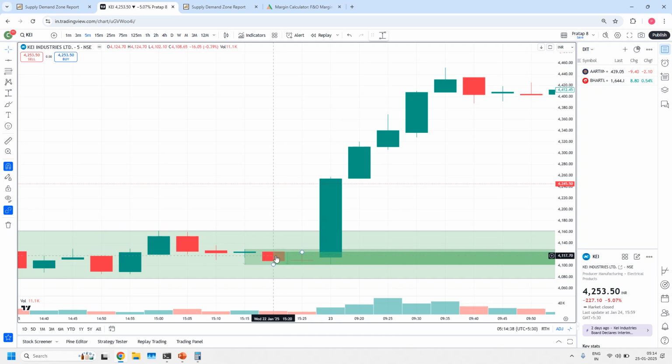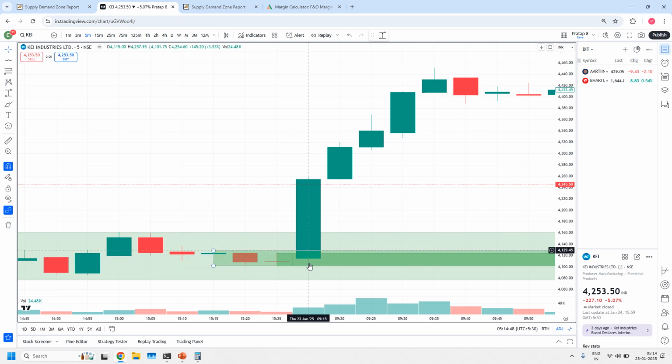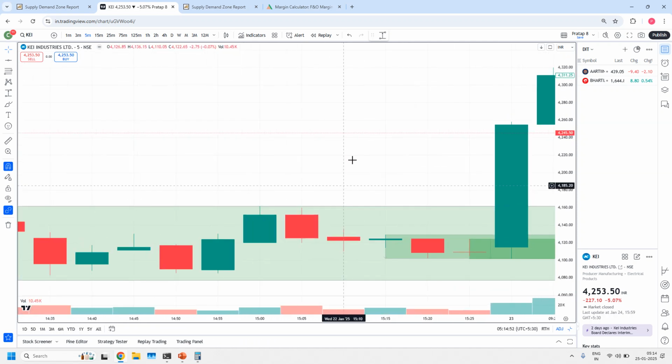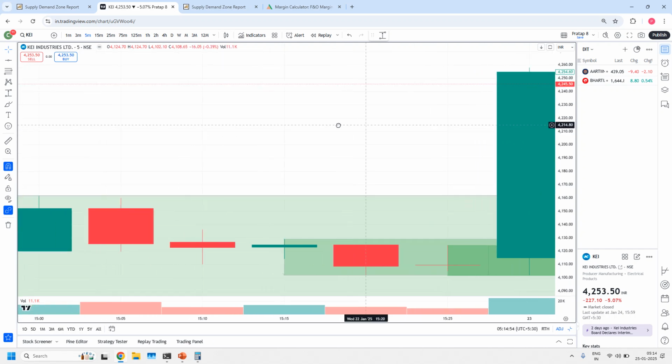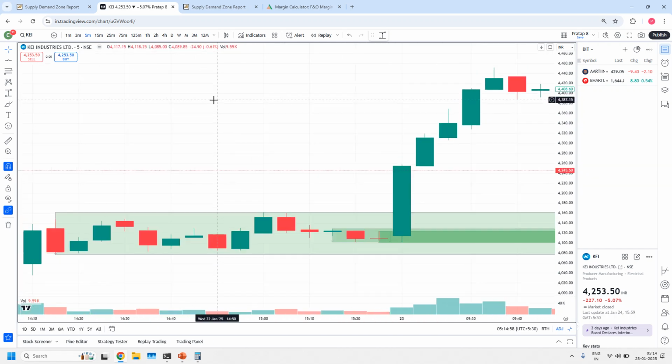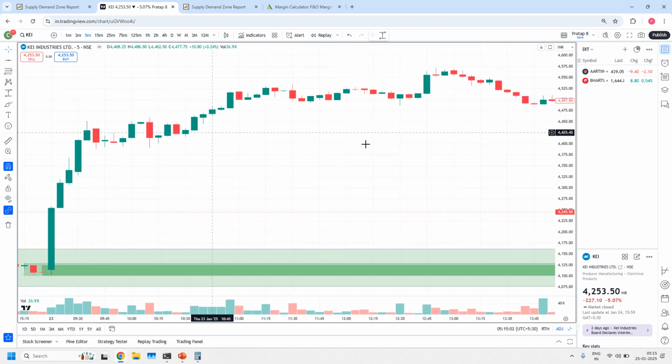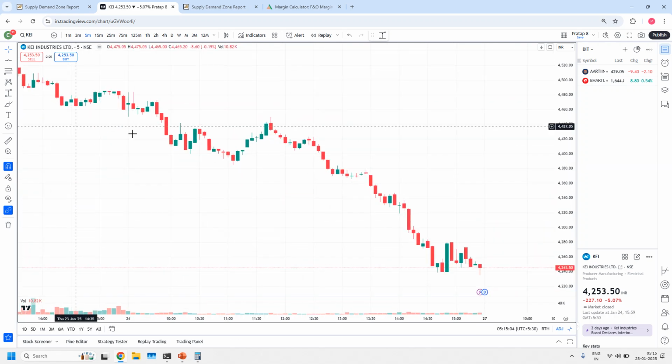This low 4101. 4102.10. So that means you have to draw your zone up to here, because the leg out is having the lowest wick. Okay, so drop base rally. So this is your entry.